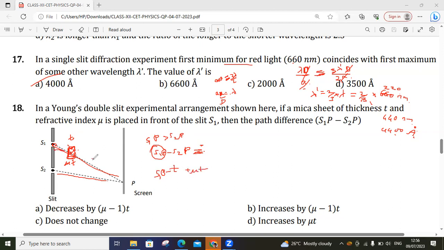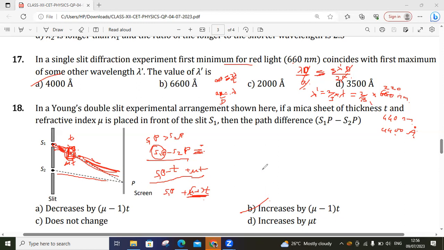S1P minus t is this path, plus this much thickness of mica sheet, which is equivalent to mu t of vacuum. So S1P will be replaced by S1P plus mu minus 1 into t. So the path difference will increase by mu minus 1 into t. So it is option B. 18 is B.